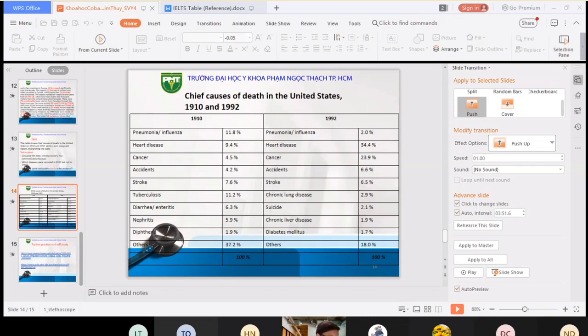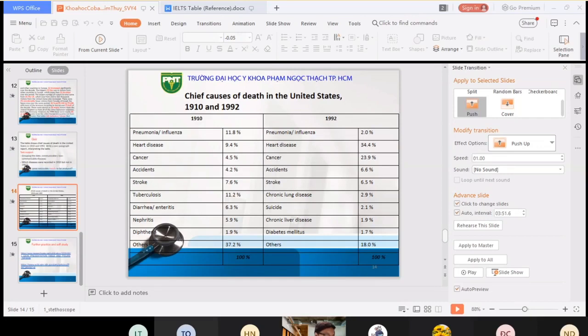37.2%, and the figure was followed by pneumonia. So you can say pneumonia or influenza was the second primary, second chief cause of death in the United States.